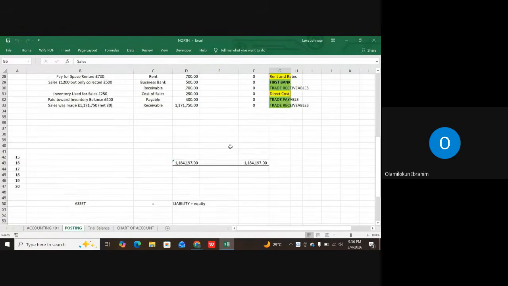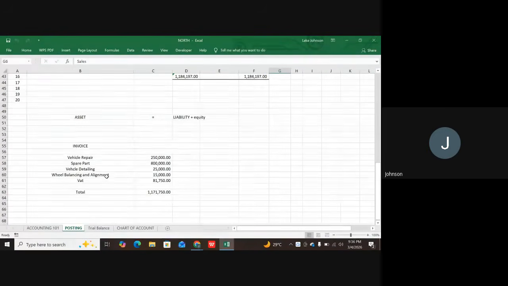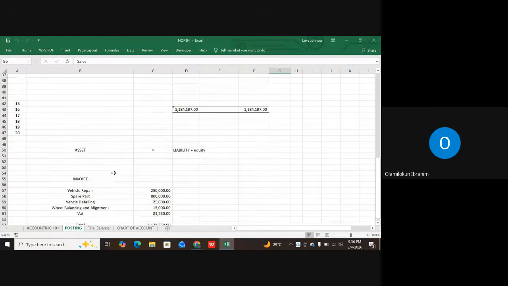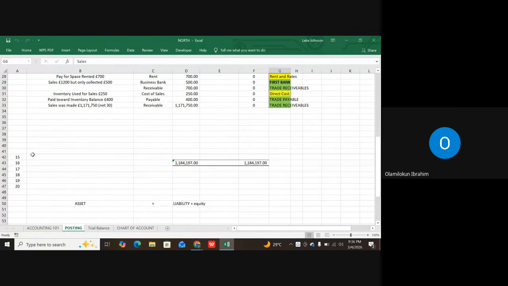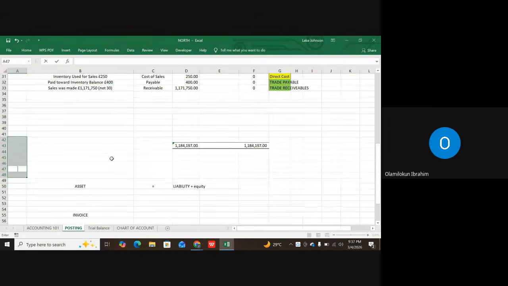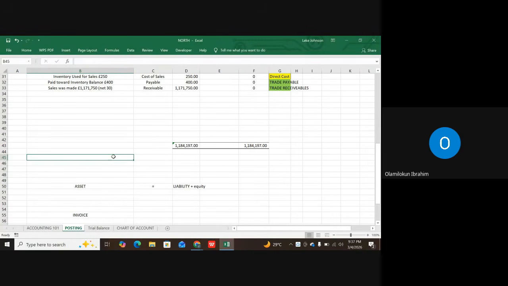Good evening, sir. Thank you for the knowledge you've imparted on us tonight. May God continue to bless you. So my question is, do we have something like this Excel template, or do we have to create it by ourselves?